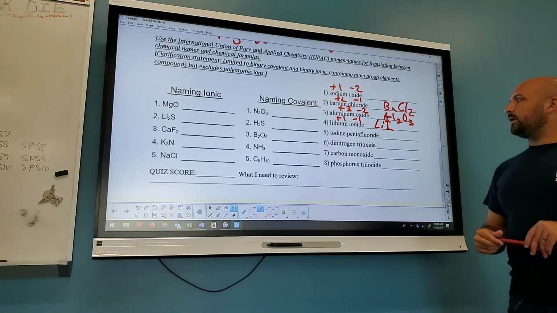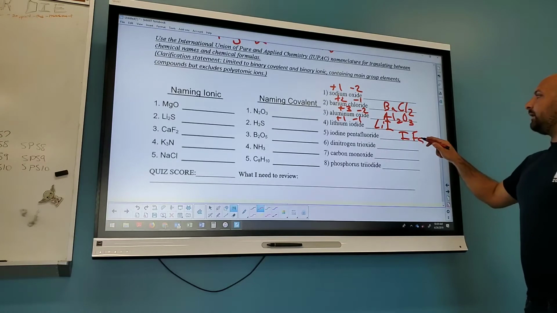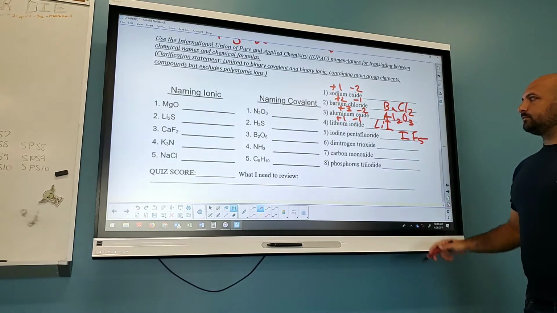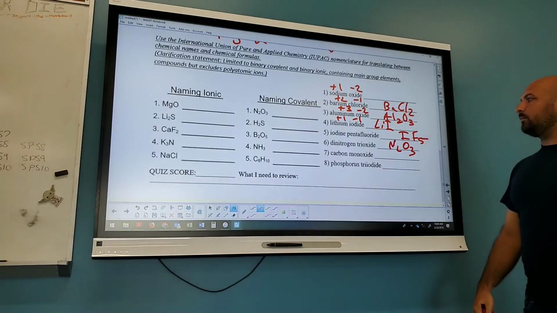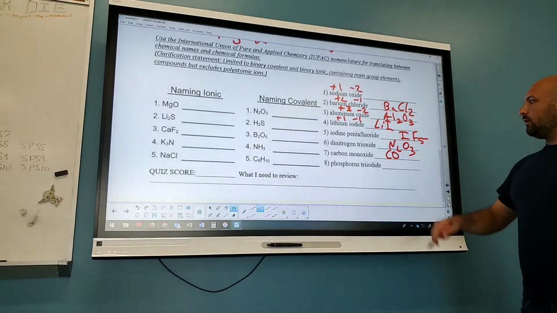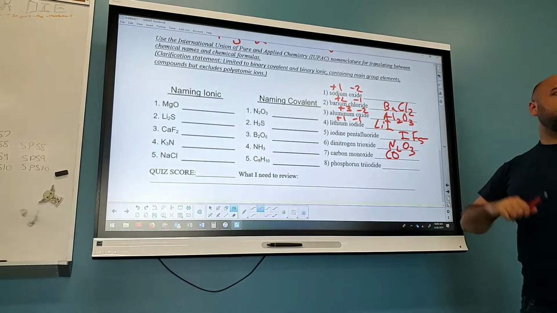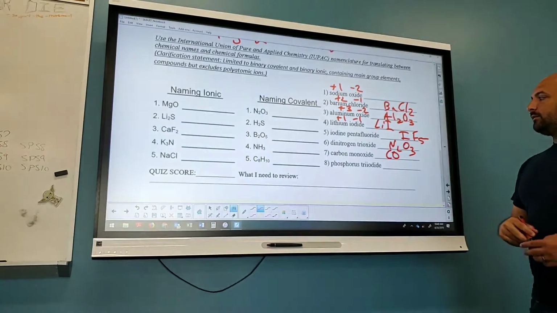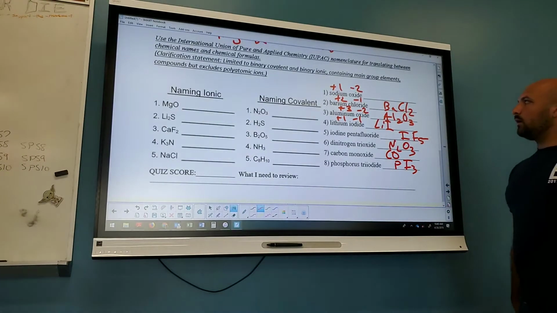Iodine pentafluoride, IF5. Dinitrogen trioxide, N2O3. Carbon dioxide, CO2. And then phosphorus triiodide, PI3. So you cool with that?